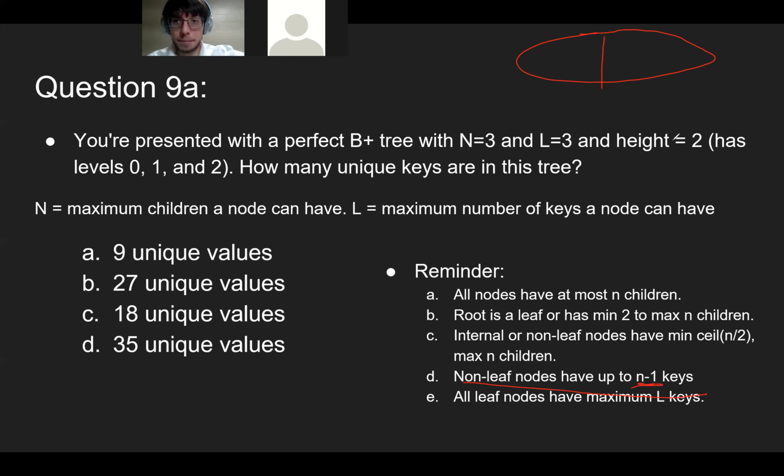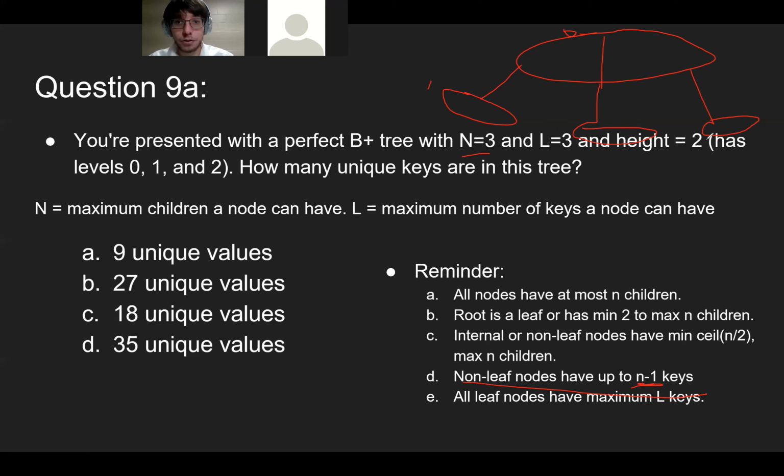We'll always specify what we need for that. And now n equals 3, so this root node can have 3 children. So we're going to draw 3 children. But these children themselves are not leaves, because the height, like this is level 0, there's level 1, so we need another level.